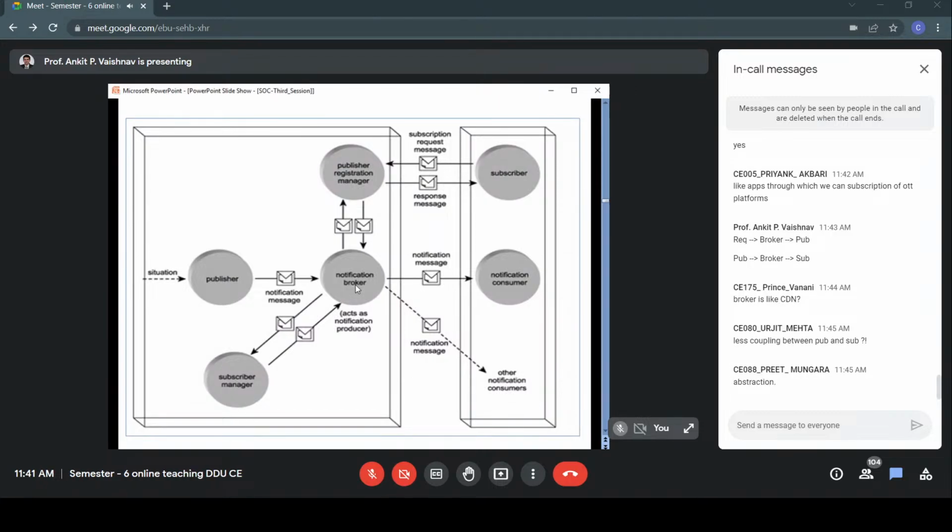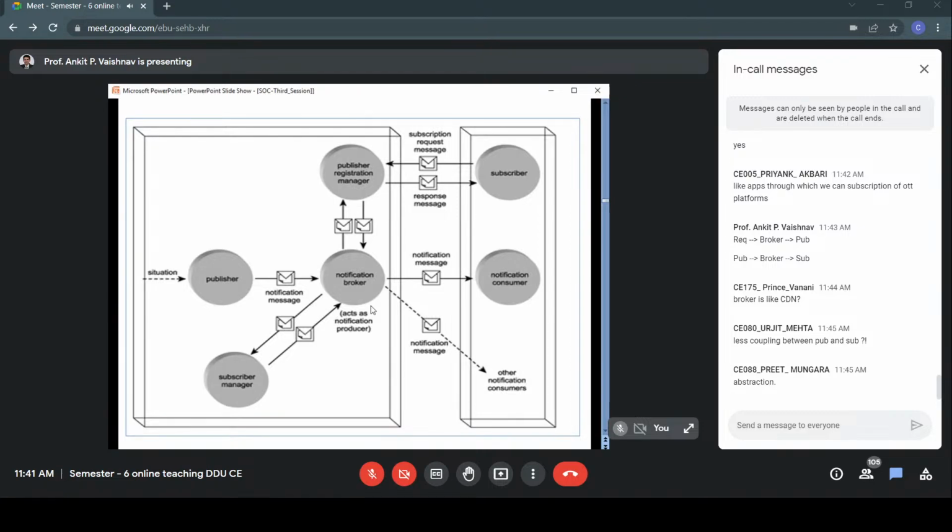Less coupling and abstraction. Very good. These two are the points I wanted. Thanks for the responses. So we are decoupling the publishers from being directly connected to the subscribers. Publishers can publish their notifications as and when they are free.